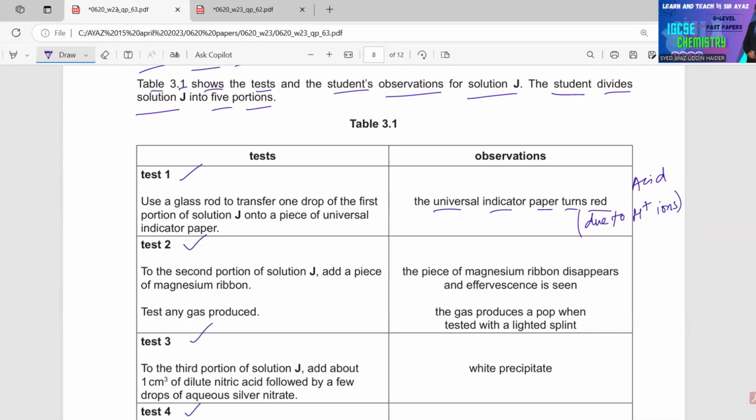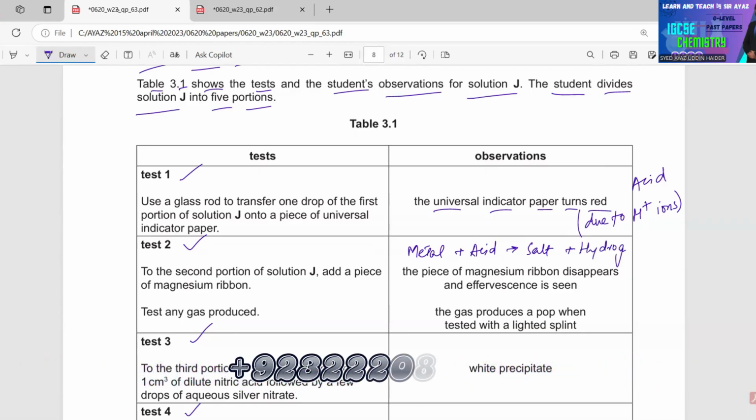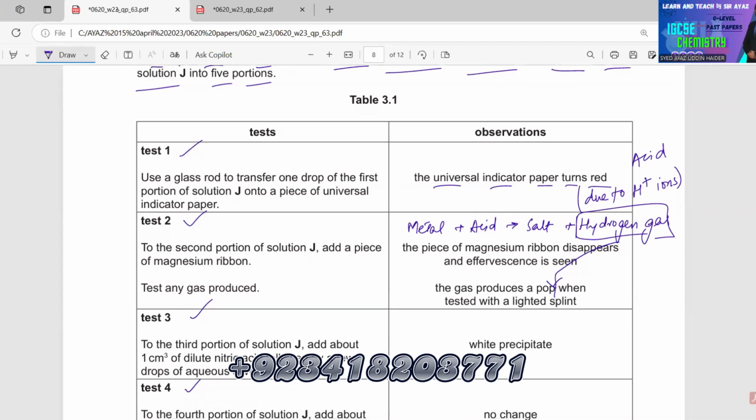It indicates the acid is reacting with magnesium ribbon. And whenever a metal reacts with an acid, what do you get? You get salt plus hydrogen gas. So this gas must be hydrogen, because they are saying the gas produces a pop sound when lit.